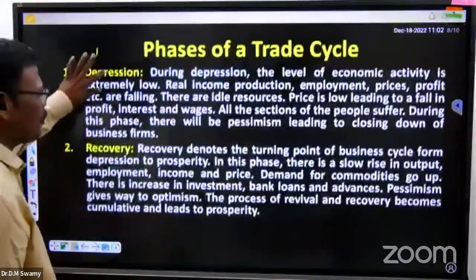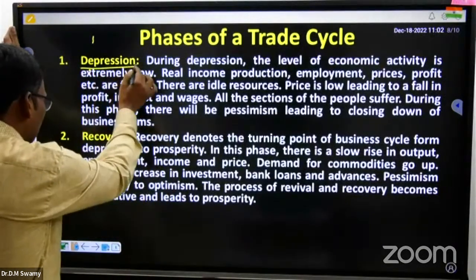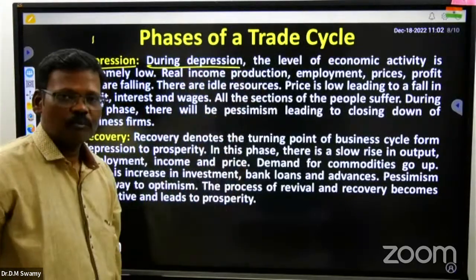In this particular aspect, suppose the first one is a depression. During this depression stage, all economic activities decrease and are below the equilibrium level.